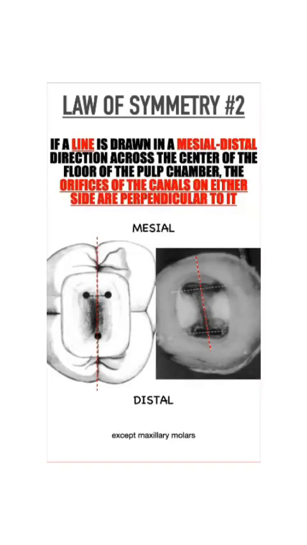So if we notice the two pictures, we can see that if we draw a perpendicular line at any of the canals, we can notice that there is another canal on the other side. While if the orifice is exactly at the center of this imaginary line, this means that we only have one canal on this side.